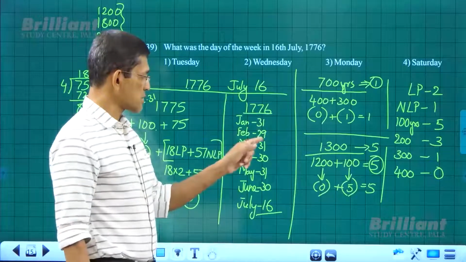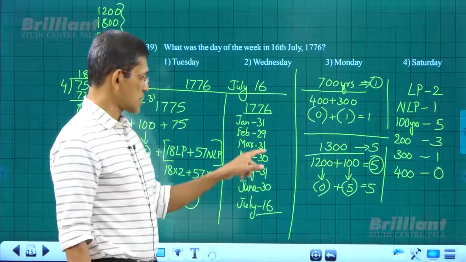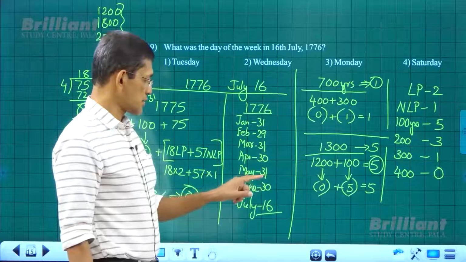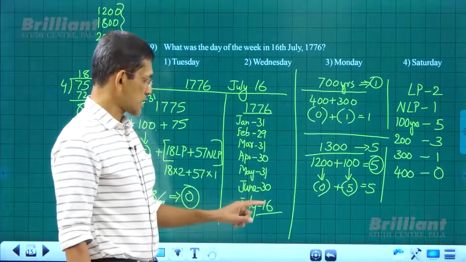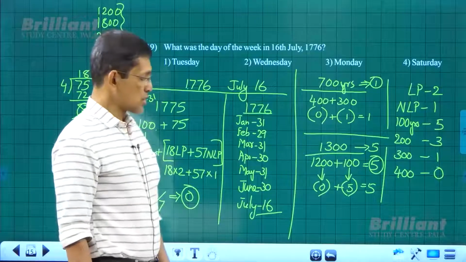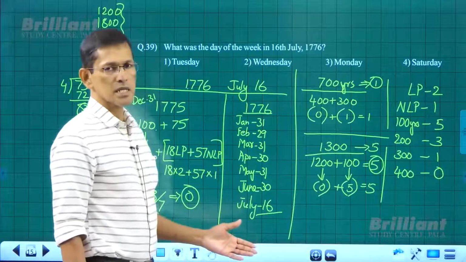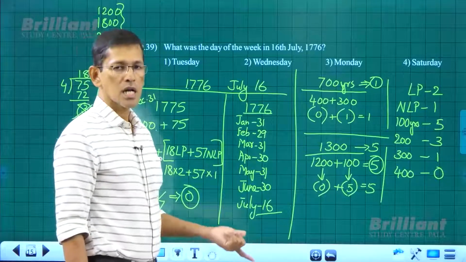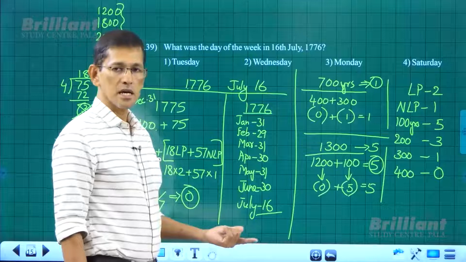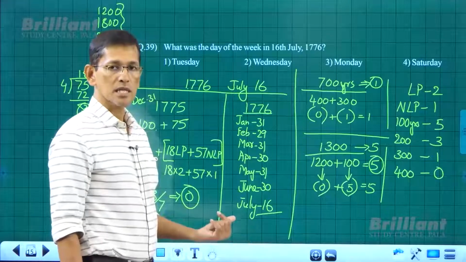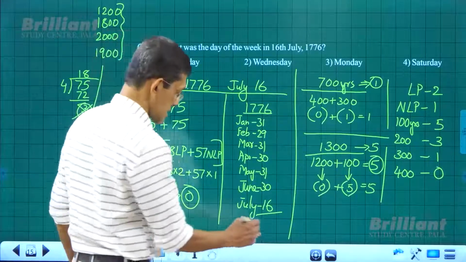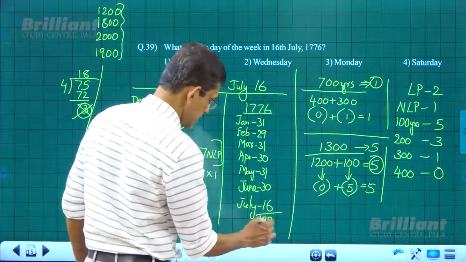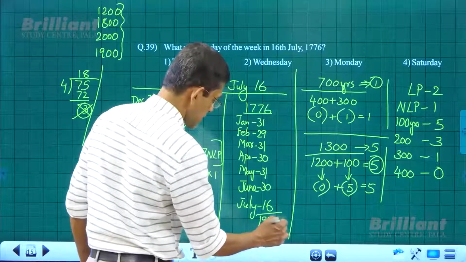This 1 has already been taken for 29. Then the balance ones you have 1, 2, and you have a 16 here, so that becomes 18. So 180 plus 18 is 198, correct? So 198, then you have to divide that by 7. What do you get as the remainder?